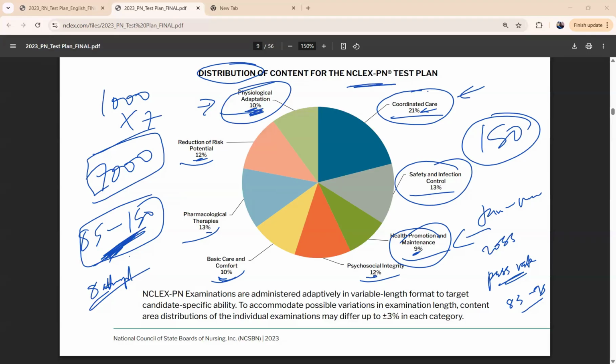NCLEX describes patients by their condition, but they might not be testing you about their condition. Like a particular question was talking about a patient who has diabetes, and the nurse saw the patient complaining about self-administration of insulin medication.